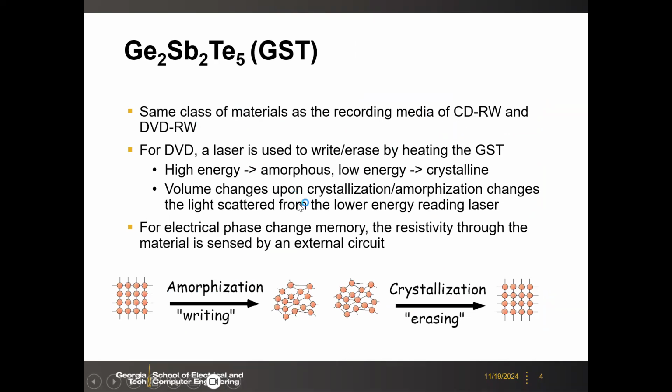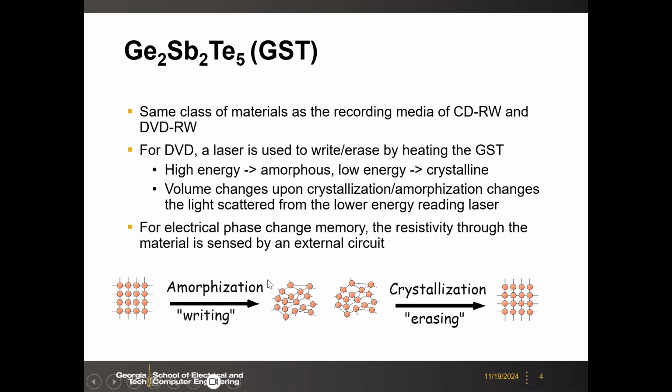So the principle is that in the CD and DVD case, a laser is used optically to write or erase the data.